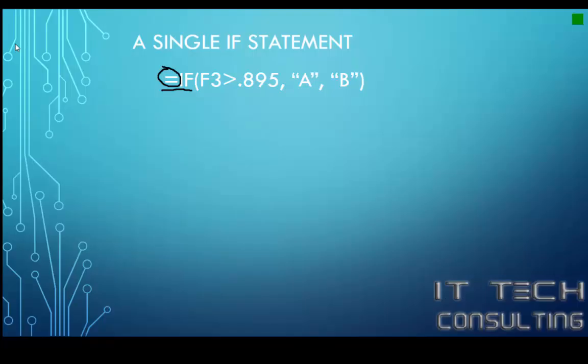After that, Excel wants three parameters, each separated by a comma. First, I want to do my condition, and the condition I'm testing is F3 greater than 0.895, or 89%.